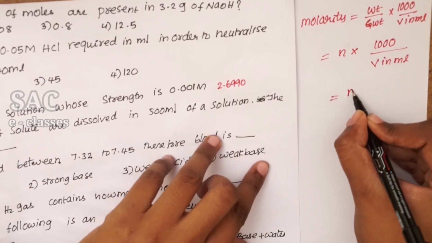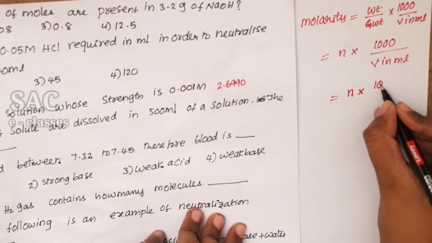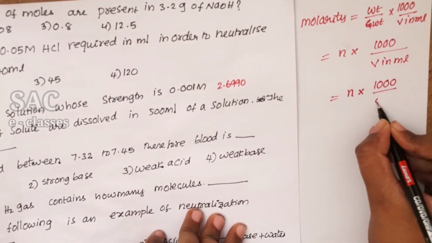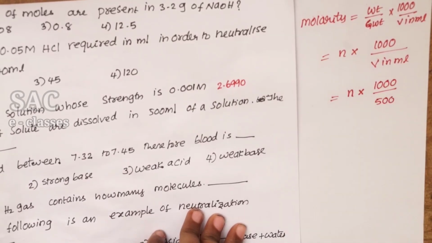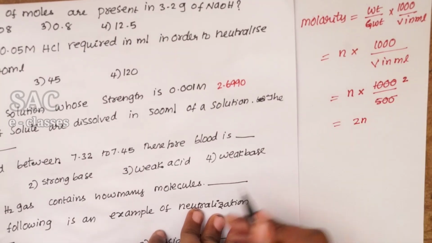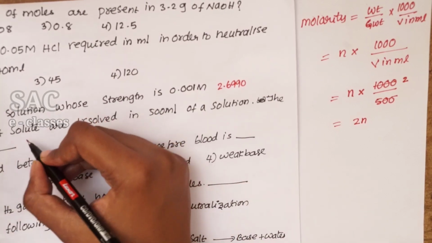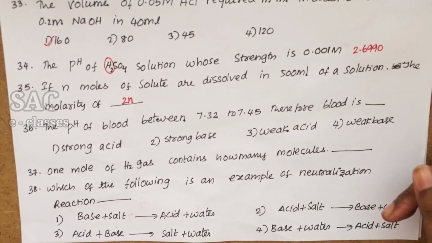The number of moles is n, as they said already. Volume is given as 500 milliliters. So 2n will be the molarity of the given solution.